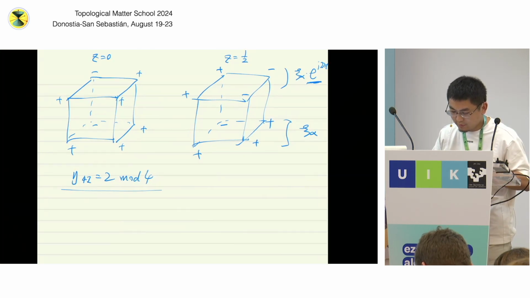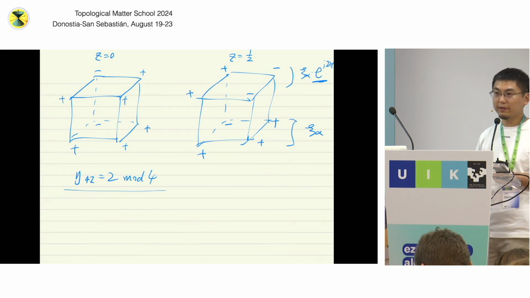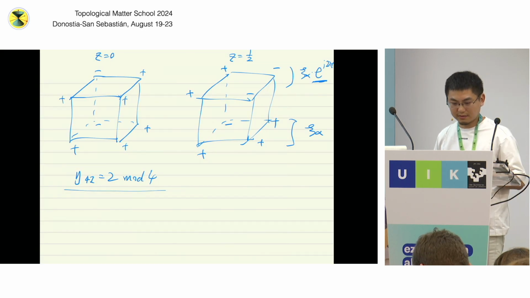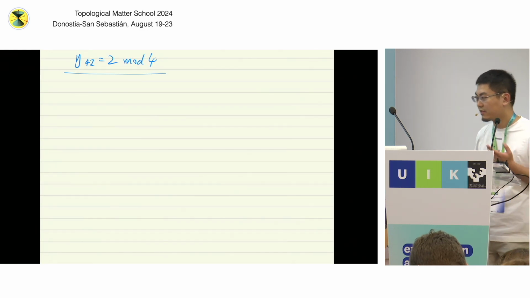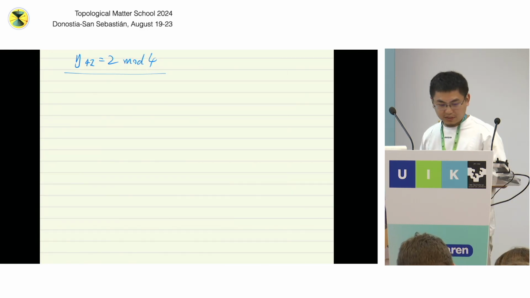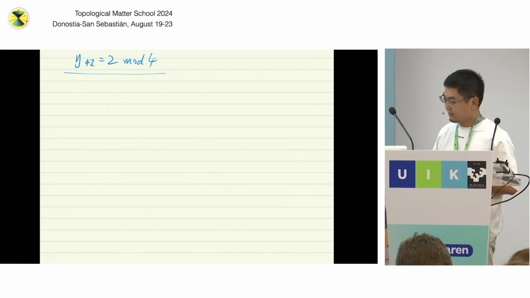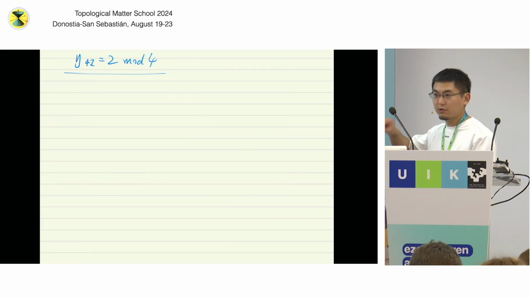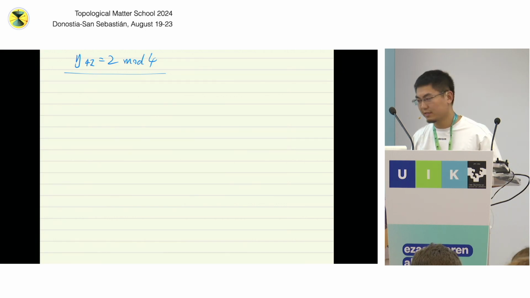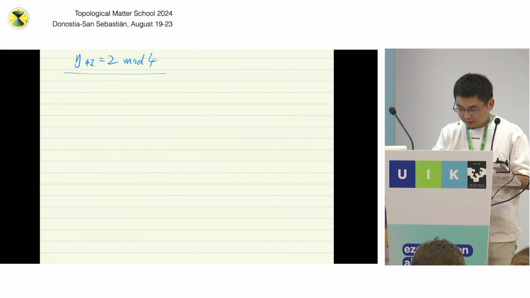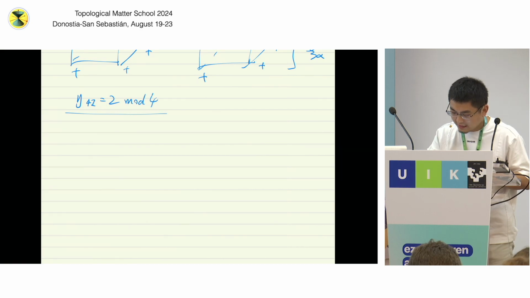But you may ask what kind of topological insulator this construction is. I can answer this question in two ways. First, we can look at the topological response in the bulk, and second, we can look at the boundary states. So this insulator is actually referred to as the axion insulator.